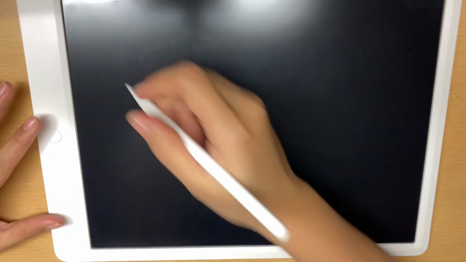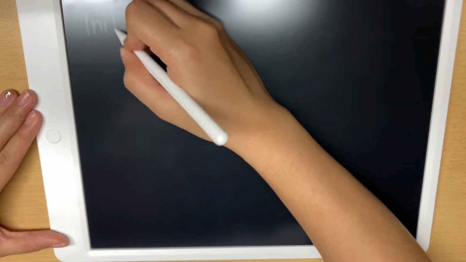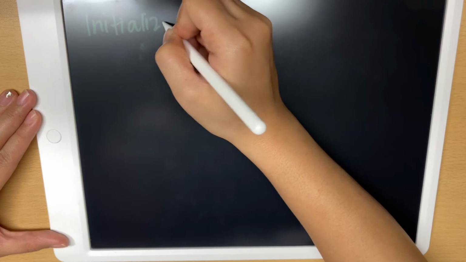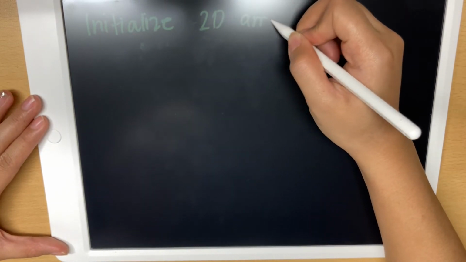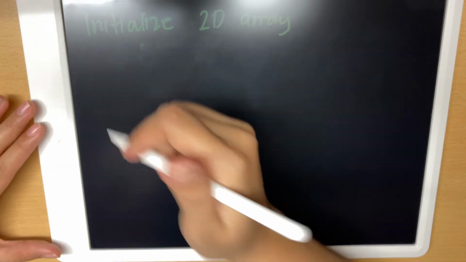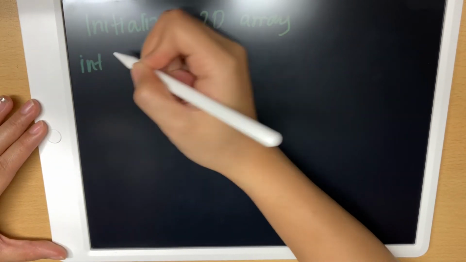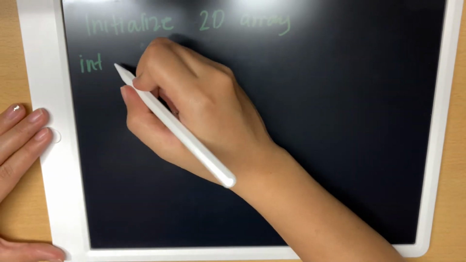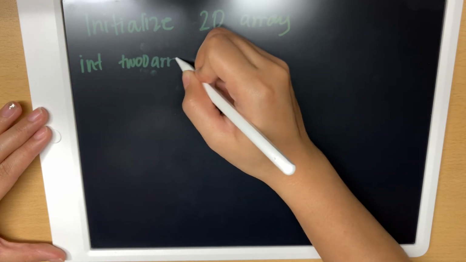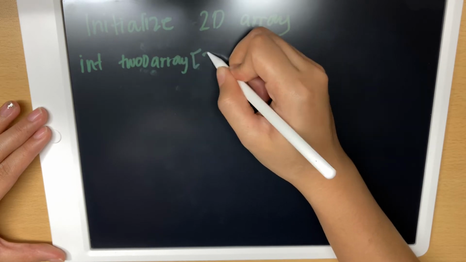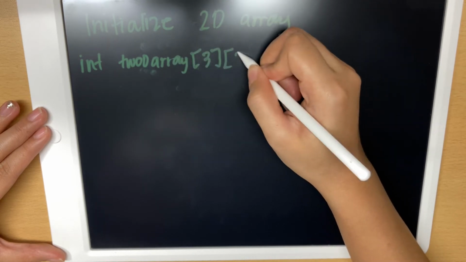So how about we initialize the values of a 2D array? How do you do that? So for example, we have an integer of a 2D array with size 3 by 3.